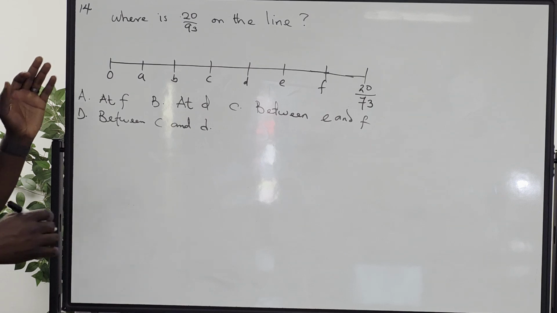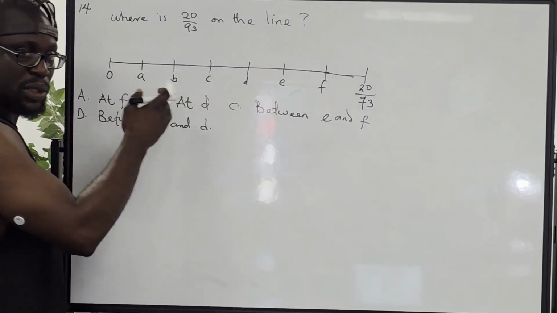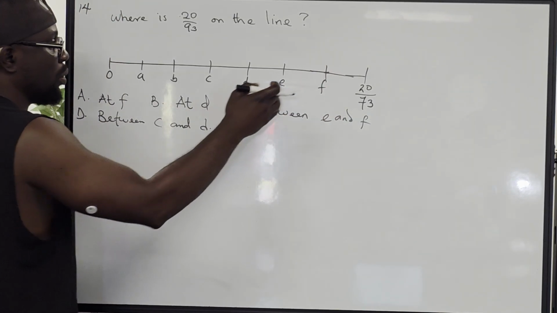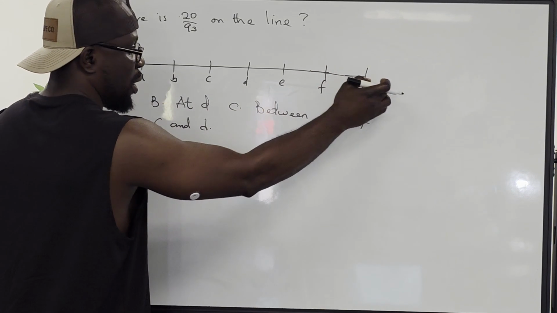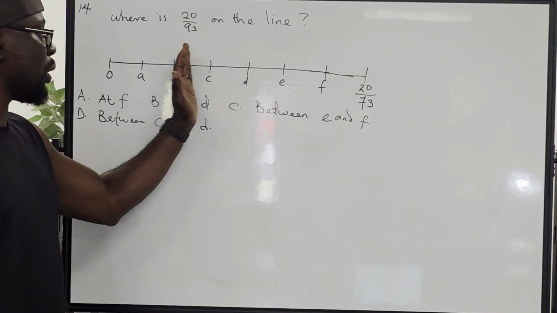So let's say it means that from here, everything is equally spaced, right? There's a number here, there's a number. I don't know what the number is, but we know after this number you have 20/73. But we know that everything is equal.